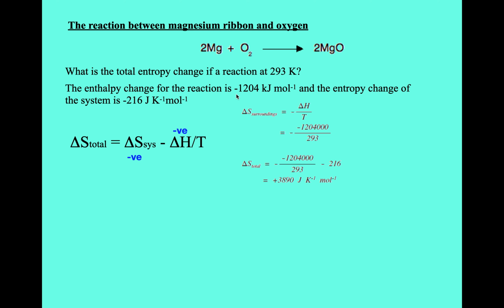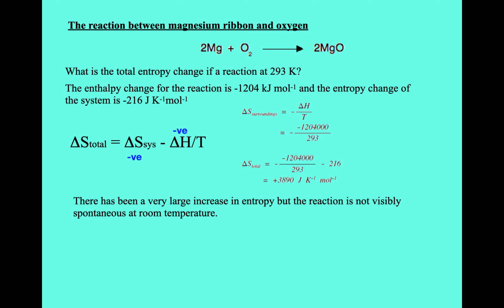Sorry, delta S of system is there, plus the delta S of the surroundings, which is minus delta H over T, which is there, and that gives us a plus 3890 joules per Kelvin per mole, joules per mole per Kelvin. So it's positive. So delta S total is positive, therefore this system is spontaneous. Okay, there's a very large increase in entropy.